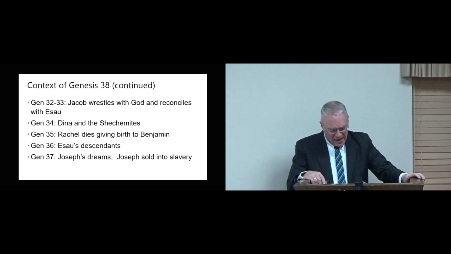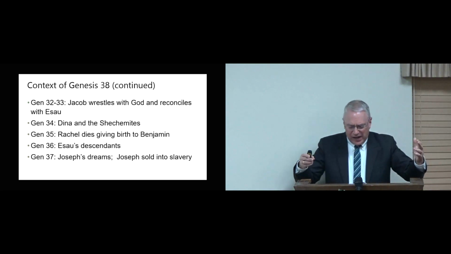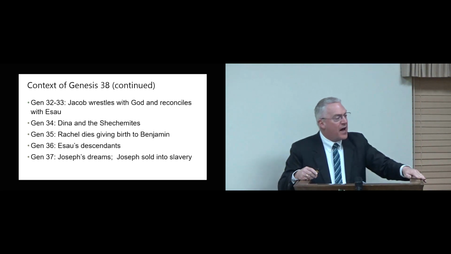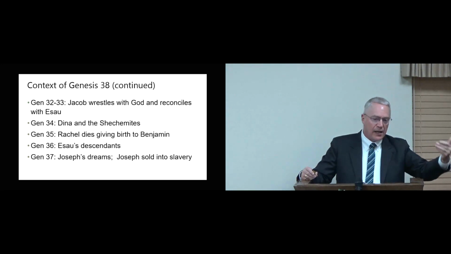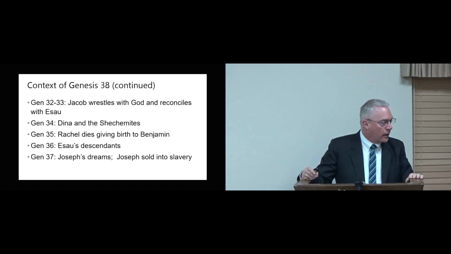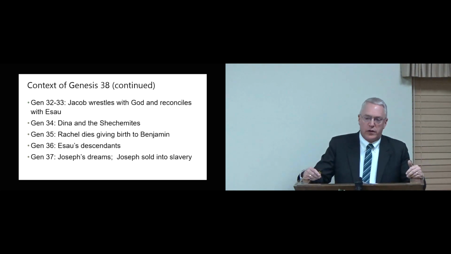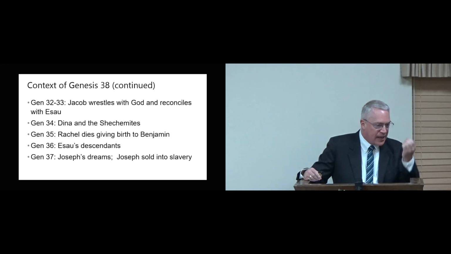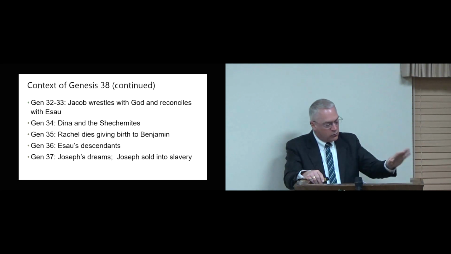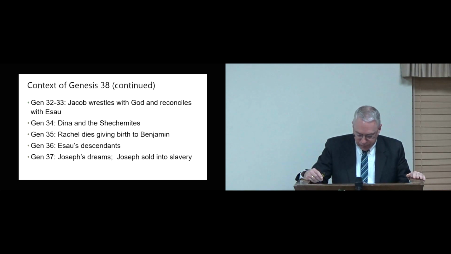Okay? So then they have to leave again. Chapter 35, Rachel, Jacob's favored wife of the 4, dies while giving birth to Benjamin. So it's Jacob's youngest son, and Rachel dies giving birth to him.